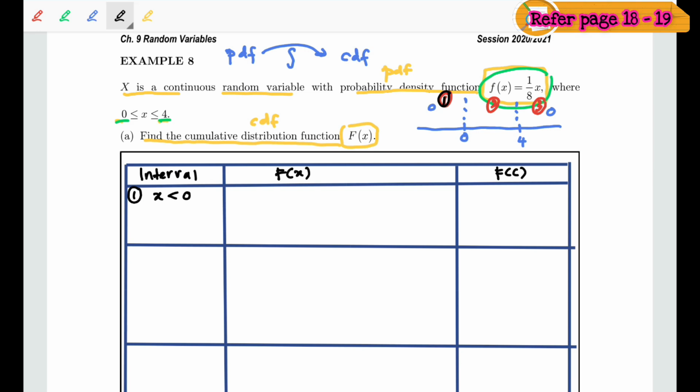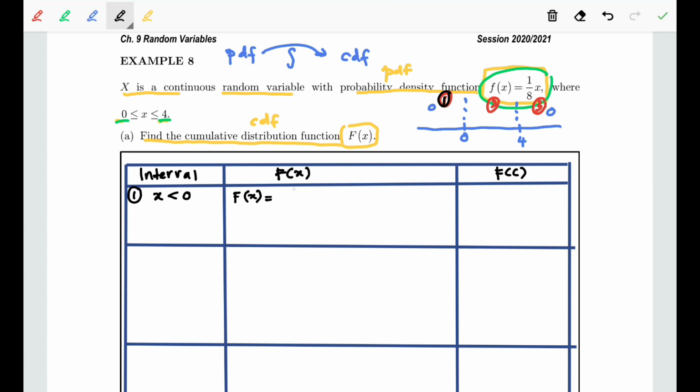So how are we going to find the capital letter F(x), or in other words, the CDF? Just remember that to write the notation for CDF, you need to use the capital letter F, equals to, we are going to integrate.